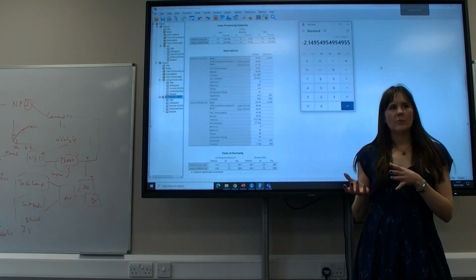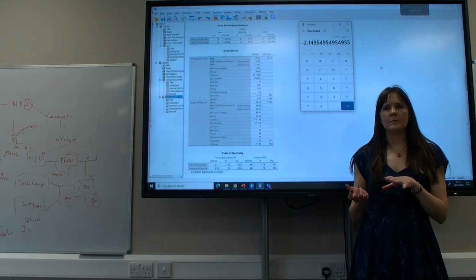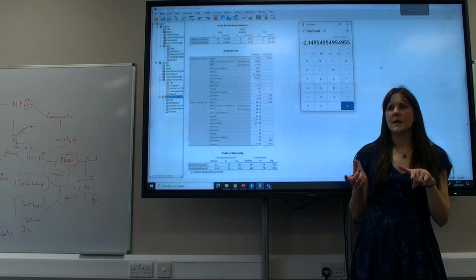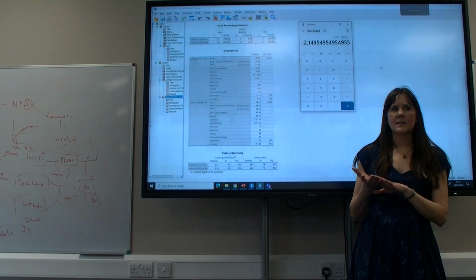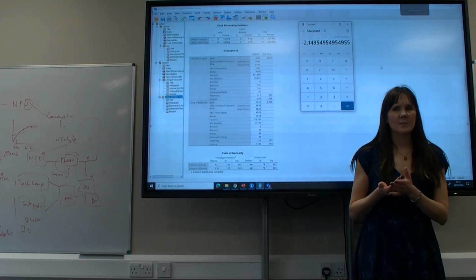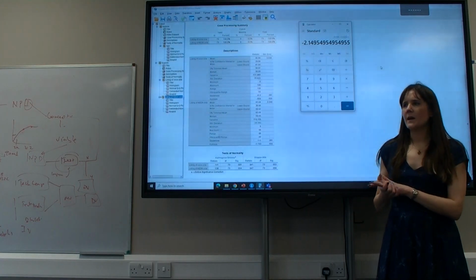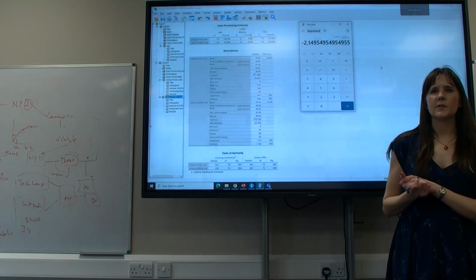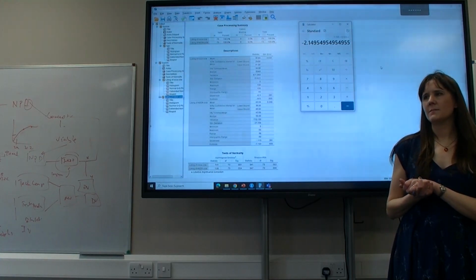So when you write this into your lab report, you can just write a short sentence to say that because our sample is above 30, according to central limit theorem, we can still use the parametric test.